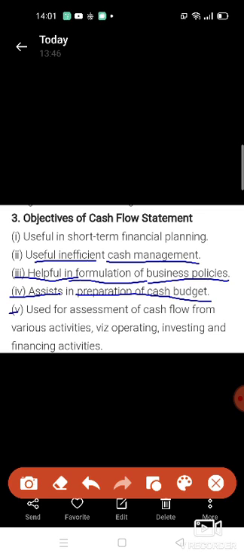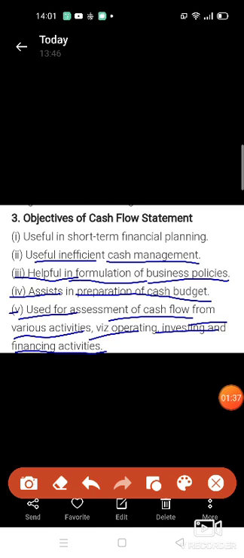Cash flow statement is used for assessment of cash flow from various activities, that is operating, investing and financing activities.